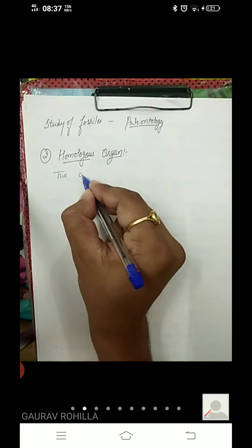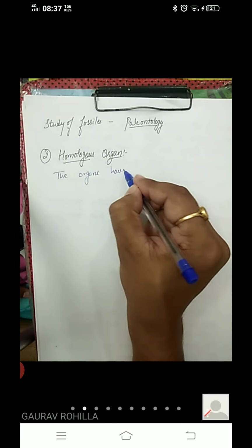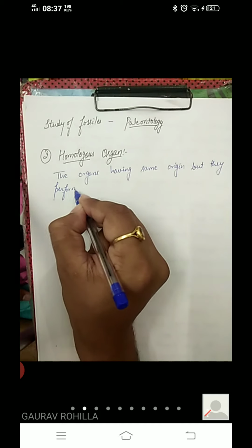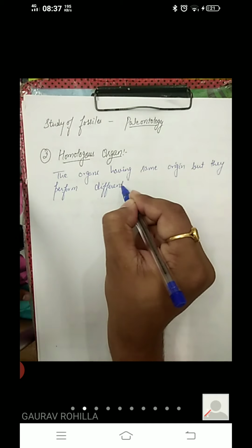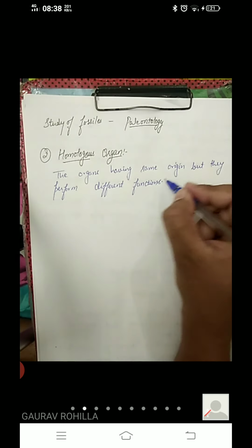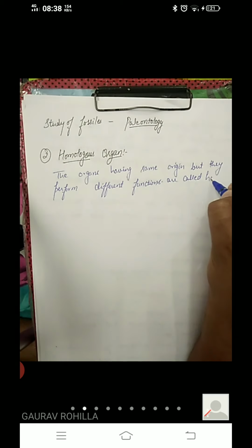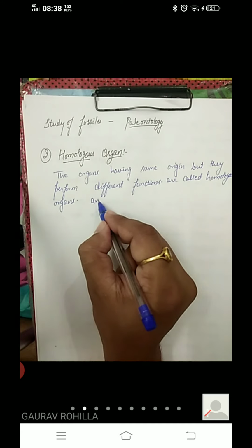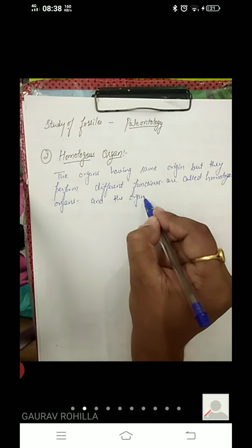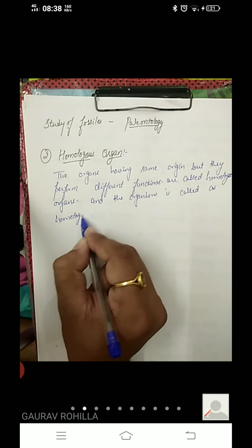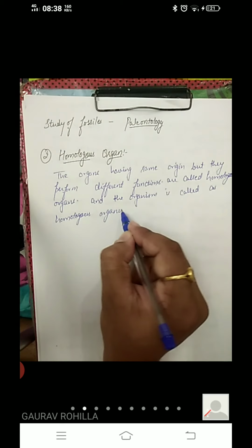Organs having the same origin, but they perform different functions, are called homologous organs, and the organism is called a homologous organism.